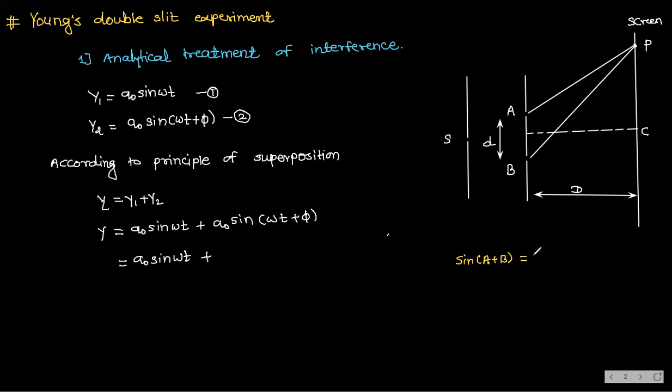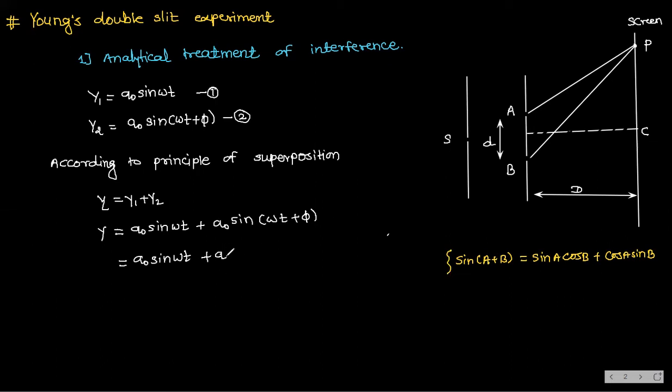The formula is sine A cos B plus cos A sine B. Right? Very good. So this formula we are going to use. Here A is omega t and B is phi.